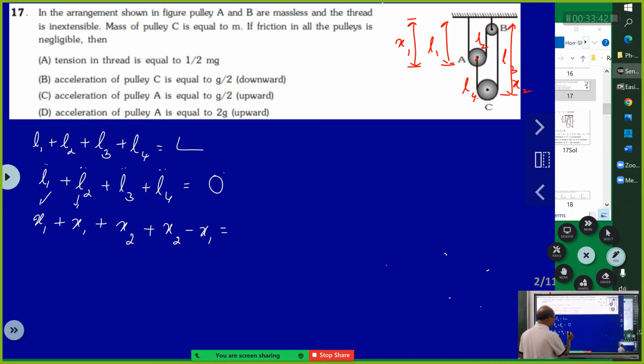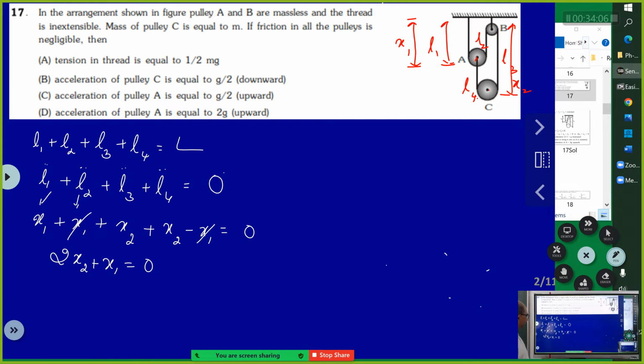Suppose, understood? Here you see x1 and this x1 cancels. So you get straight away 2x2 plus x1 equal to 0. In other words, x2 is positive or x1 is negative, whatever.